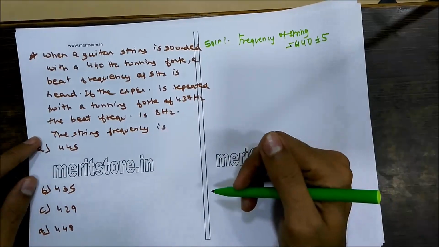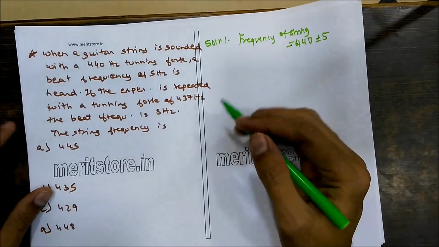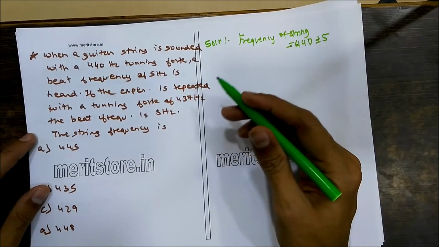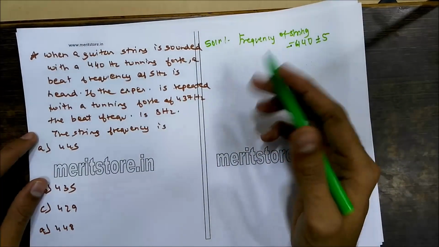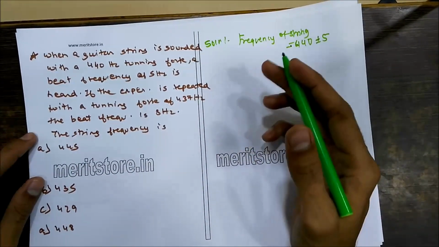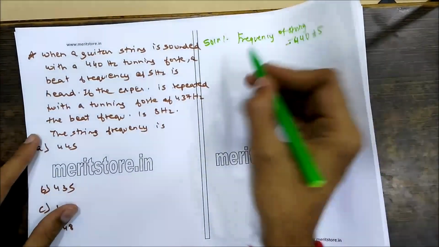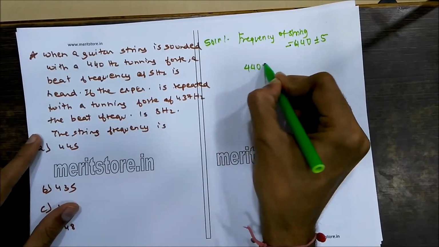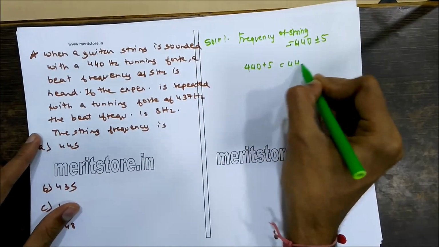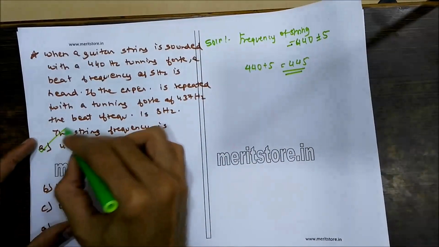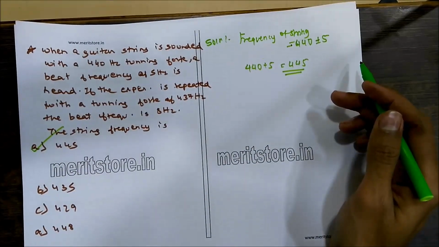If the frequency of the tuning fork decreases, then the beat frequency also increases. Therefore the string frequency will be 440 plus 5, which gives you 445. So the correct option is 445.